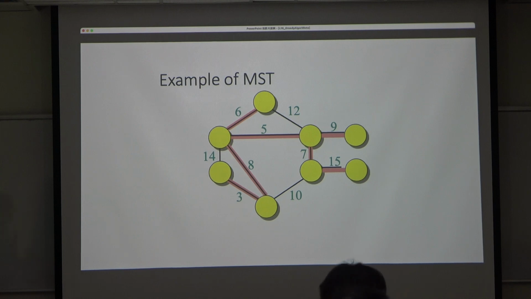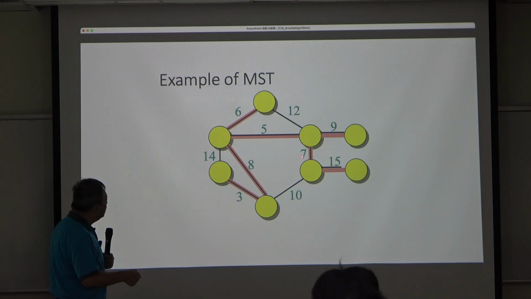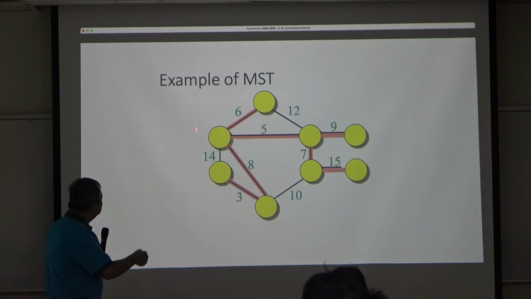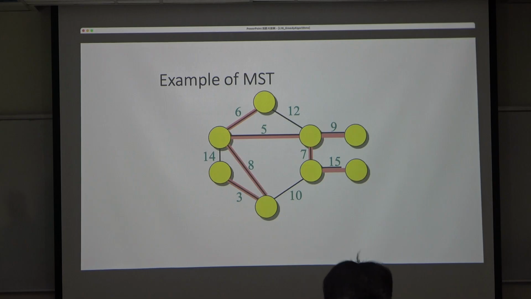Also, the total weight in this example is 6 plus 5, 11, 20, 27, and 42, and 50, 53. This total weight, 53, is the smallest among all the possible spanning trees. You could give it a try: create any other spanning tree, and its total weight must be larger than this one.